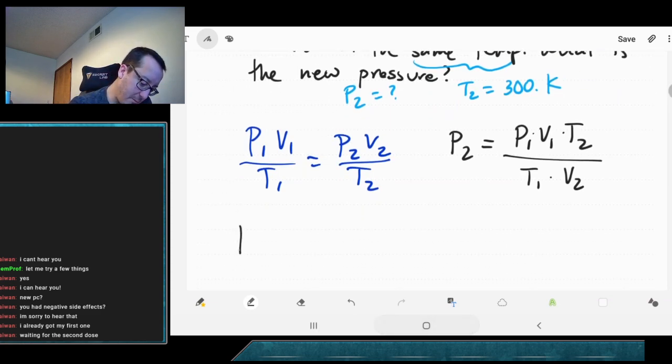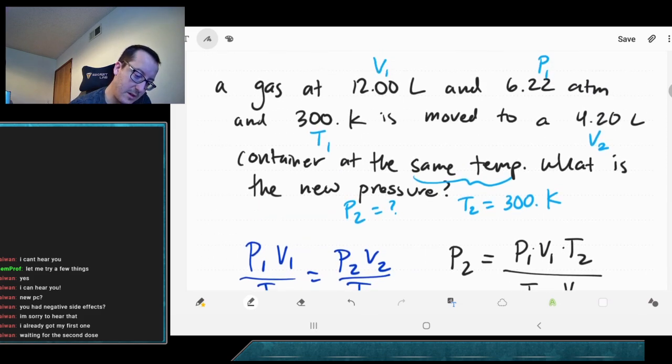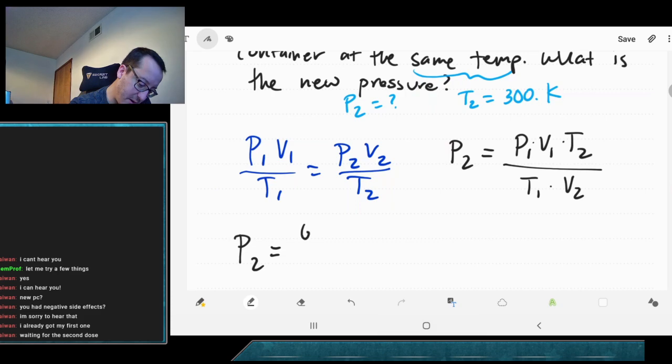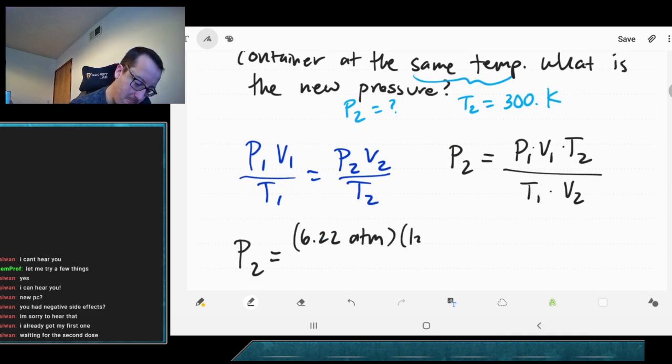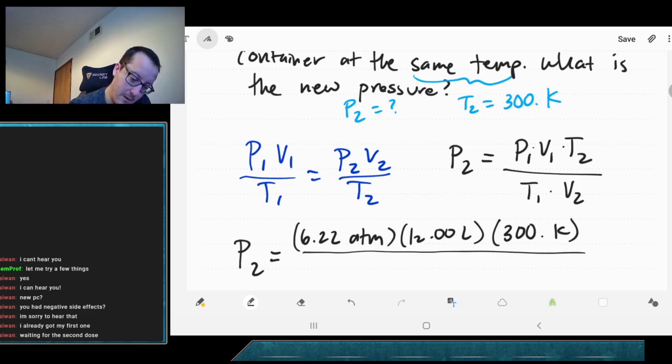And therefore, if we plug in our numbers, our pressure 1 was 6.22 atmospheres. Our V1 was 12 liters. Our T2 was 300 Kelvin. T1 was 300 Kelvin.